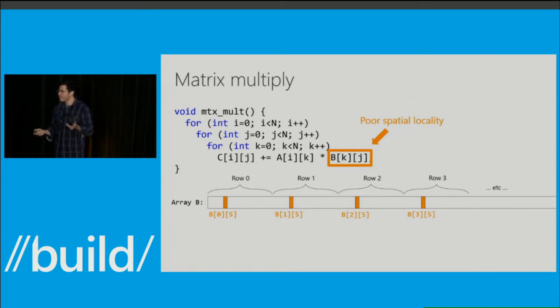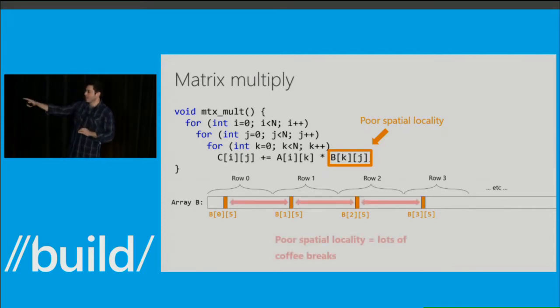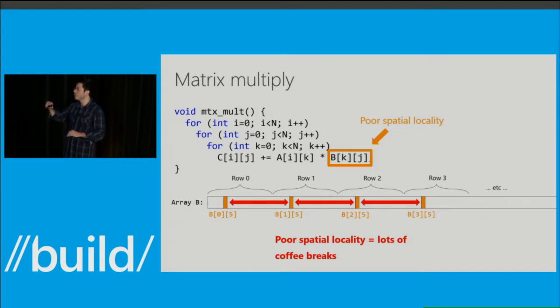And the problem happens if your matrices are huge. If you're talking about a 10,000 by 10,000 matrix or bigger, a million by a million matrix, those accesses are really, really far apart, and you're accessing them from the innermost loop. That's what I mean by poor spatial locality. You've got an innermost loop accessing data that could be miles away from the previous access, and that's going to yield a lot of coffee breaks, as it were.